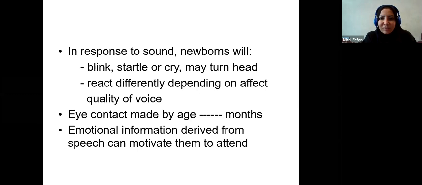Eye contact is made by, if you can send in the chat, by which month do you have eye contact? And then obviously the emotional information is derived from the speech, which can then motivate them to attend. So if you are speaking to a child and there's zero intonation in your voice, like there's zero affect, okay?